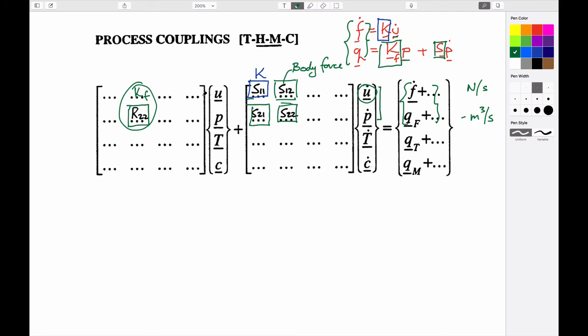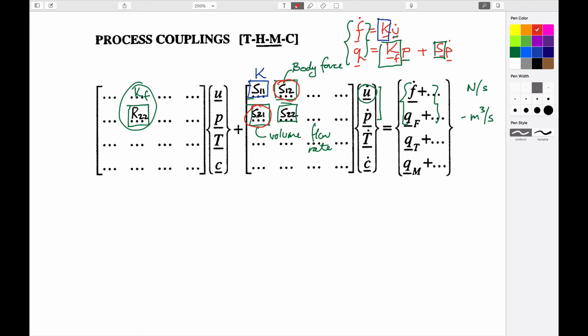And so this is a volume flow rate. And so I think the only important pieces of information to recall are that these off-diagonal terms are the only ones we haven't seen so far, and they have a physical meaning, a body force and a rate of change of volume with time.